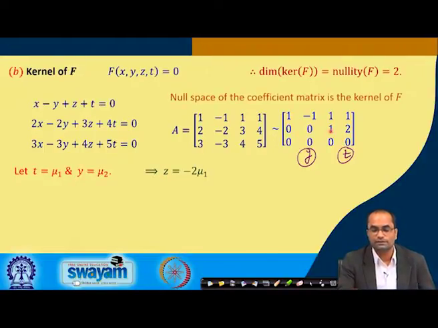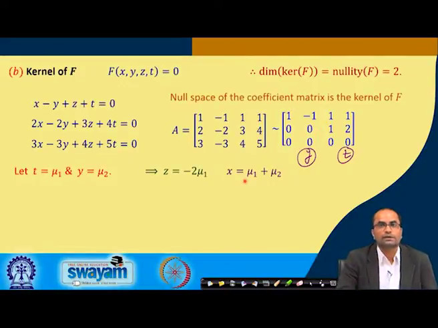For example, for z, from the equation z plus 2 t equal to 0, z will be minus 2 t, or minus 2 times mu 1. From equation number 1 we get x, which comes out as mu 1 plus mu 2. So we have t, z, x, and also y with mu 2.